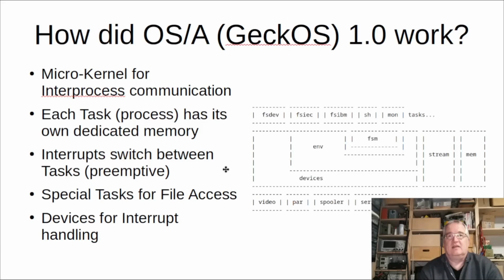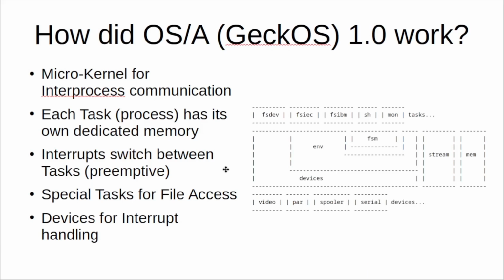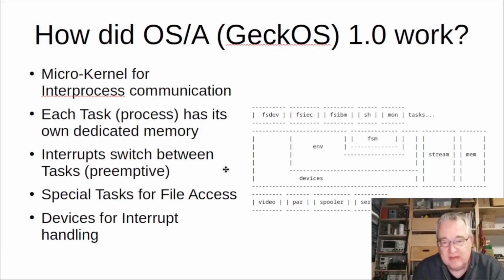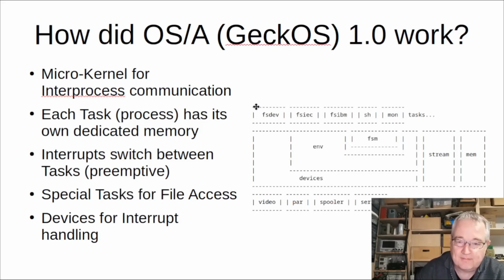So how did GeckOS work internally? How was it structured? It was actually structured in a rather modern way. It was done as a microkernel that was basically there to facilitate the inter-process communication between processes like file systems, shell, monitor, other processes, and devices. And this in the middle here is the kernel.